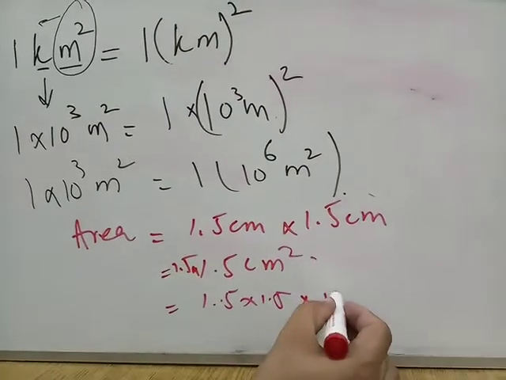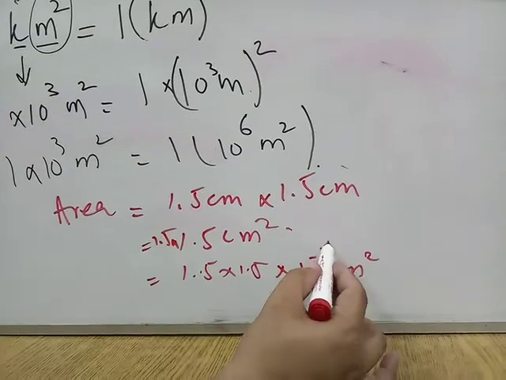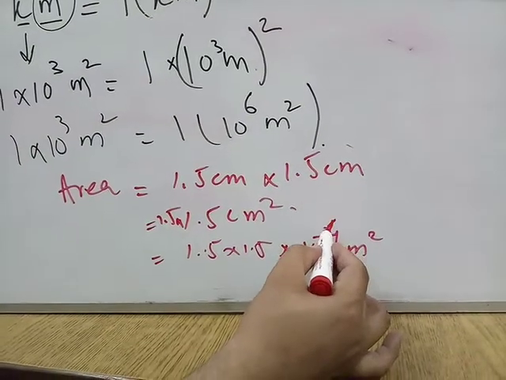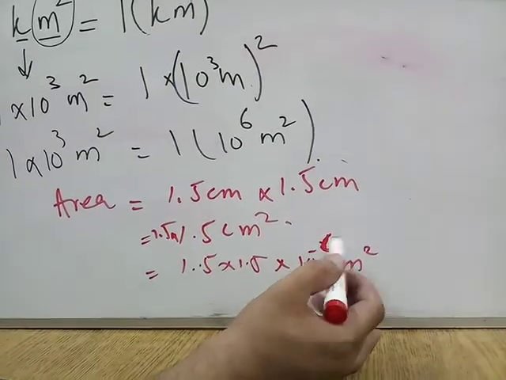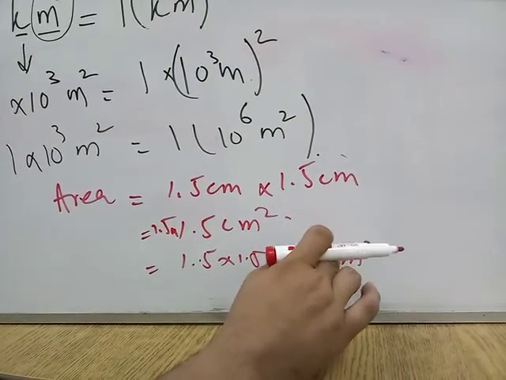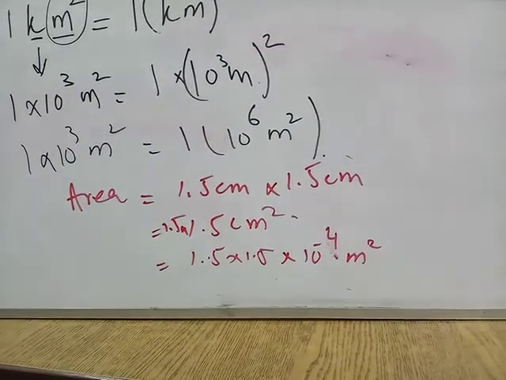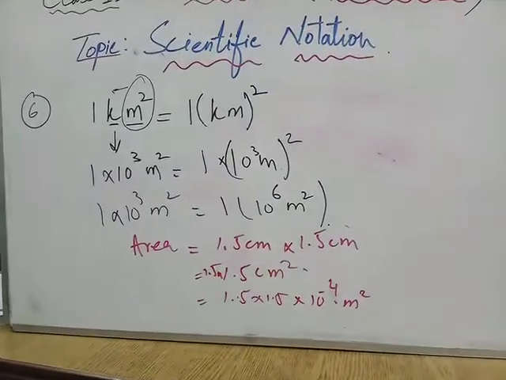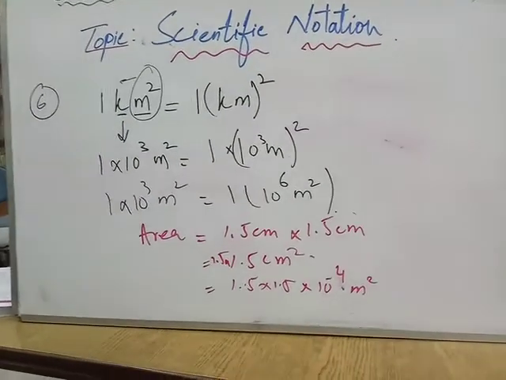They can write 10 raised power minus 2 meter square. But this is not 10 raised power minus 2. We must apply the power on the centi. So this becomes 10 raised power minus 4. The SI unit power is multiplied to the adjacent prefix.